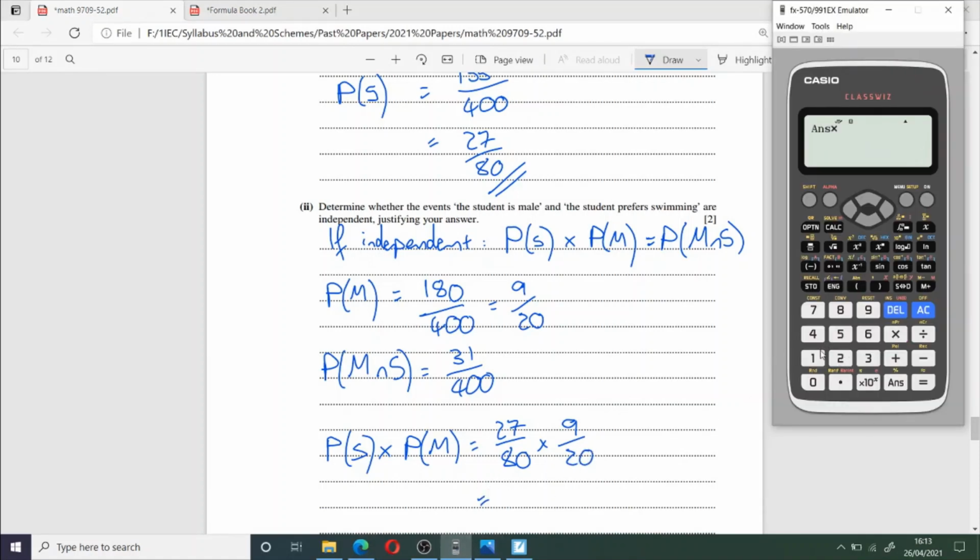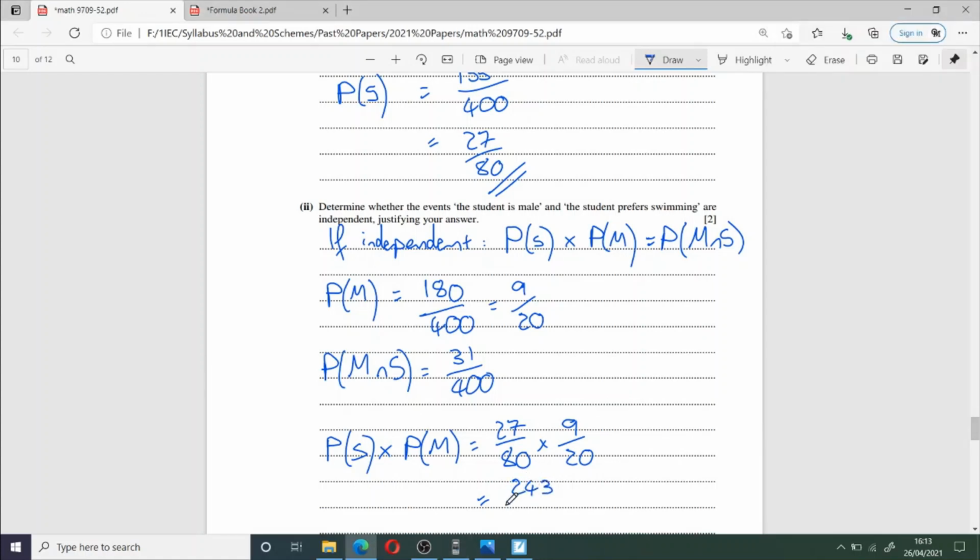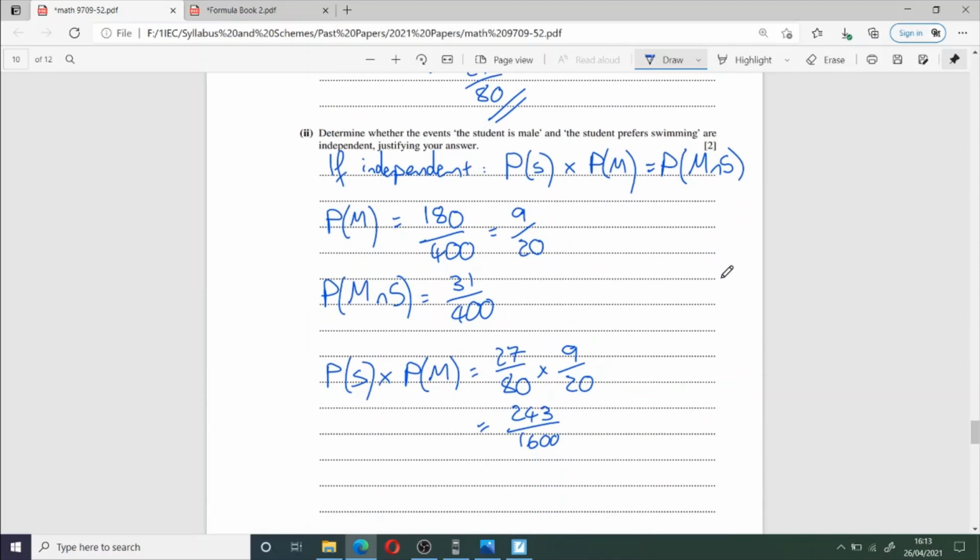So 9 over 20 times 27 over 80, and we get 243 over 1,600. So they are not independent. It's not equal to 31 over 400. They are not independent.